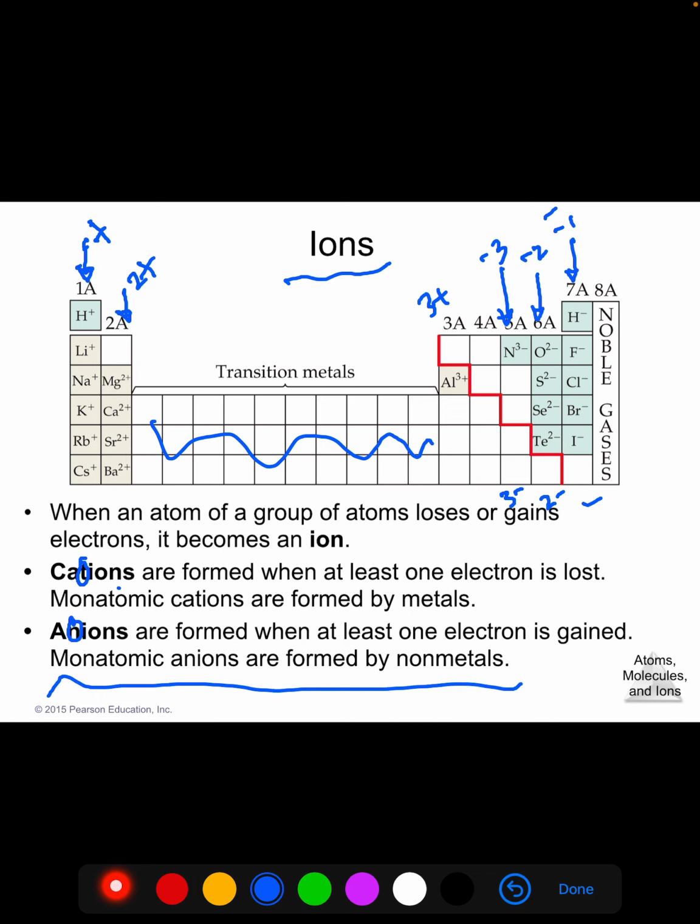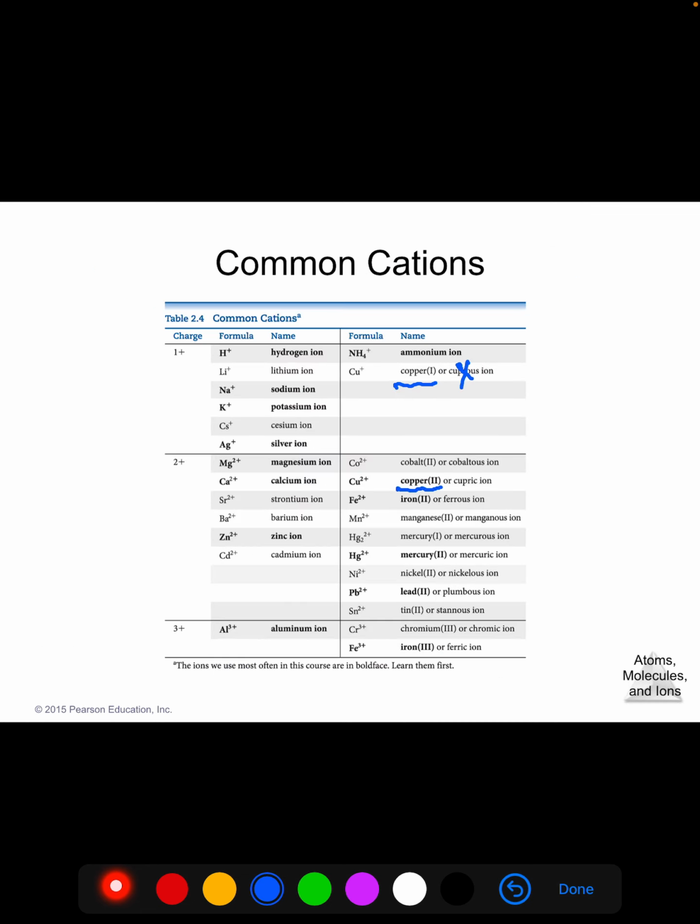But the transition metals have multiple ionic forms, and we denote the charge with a Roman numeral to distinguish them. We used to use terms like ferrous and ferric for our iron 2 and iron 3 ions, respectively. But now we say iron 2 and iron 3.